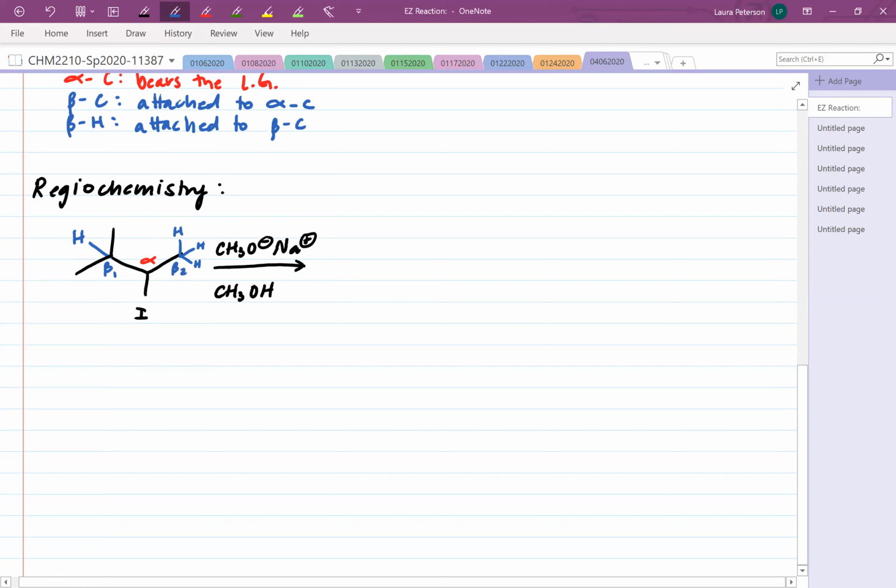Let's draw what those 2 products would be, and then we'll think about the mechanism and which one might dominate. If I remove the hydrogen from the beta 1 carbon, I would get that alkene. Or I could potentially remove one of the hydrogens at the beta 2 carbon, and I would get that alkene.